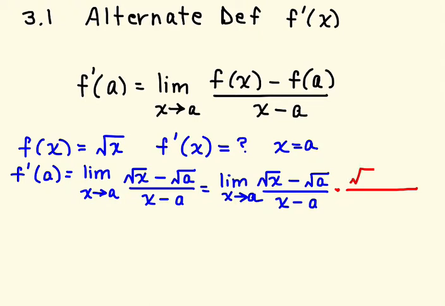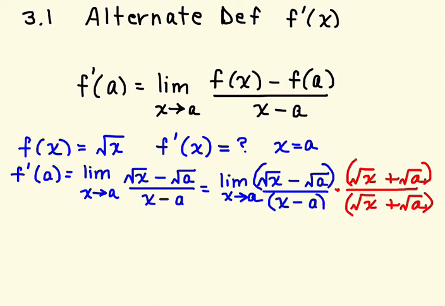So instead of the square root of x minus a, it's the square root of x plus a. That's the conjugate binomial. And so what you see in red is the value 1. So the numerator and denominator are going to have the same value. I'm going to put them in parentheses because these are binomials. And I'm going to multiply them by the original ratio, which is also a ratio of two binomials.